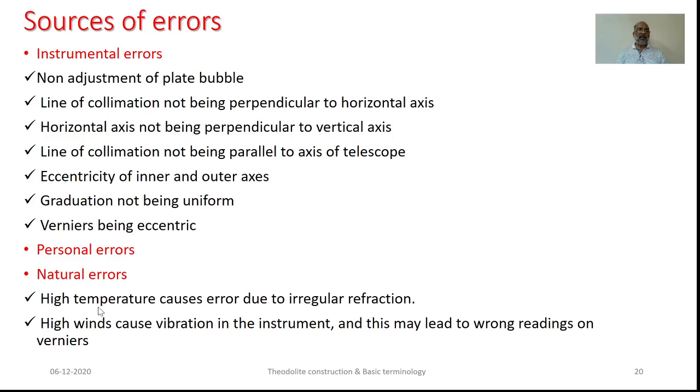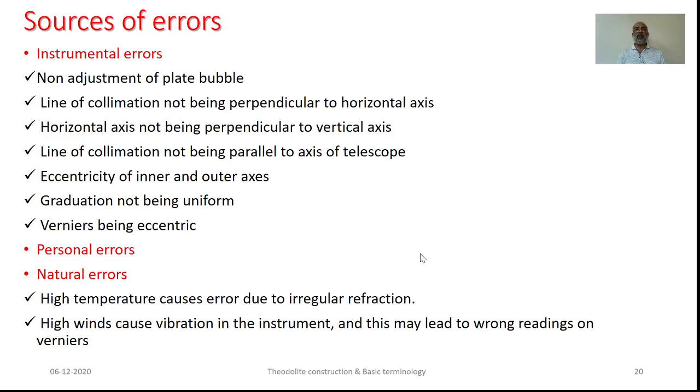As well, there could be temperature variation which causes irregular refraction. There could be high winds which could cause vibration of the equipment. There could be brightness which may not facilitate exact pass sections. Hence, one must be very particular in choosing a time slot in order to enhance the accuracy of the work.